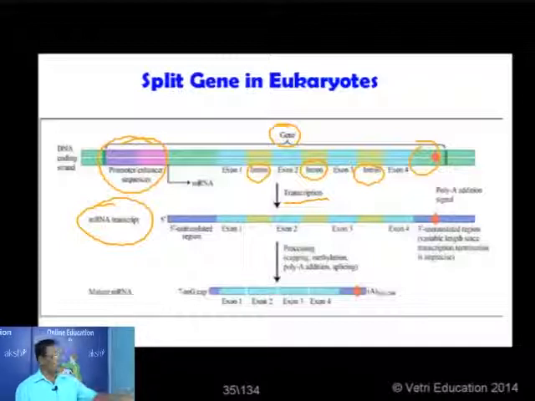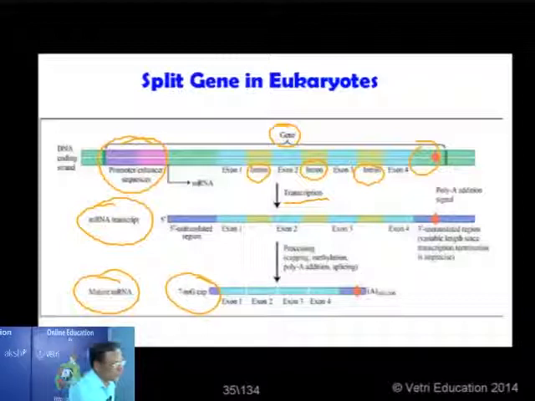After processing has been completed, we have the mature mRNA. Now this is a mature mRNA. The mature mRNA has a cap, which is called the 7-methylguanosine cap, and also we have the polyadenylate tail. I'll tell you more about this later. Then in the center of the processed one, you have all four exons joined together.